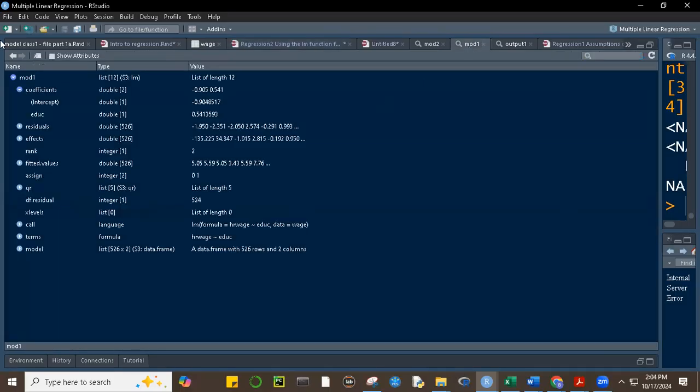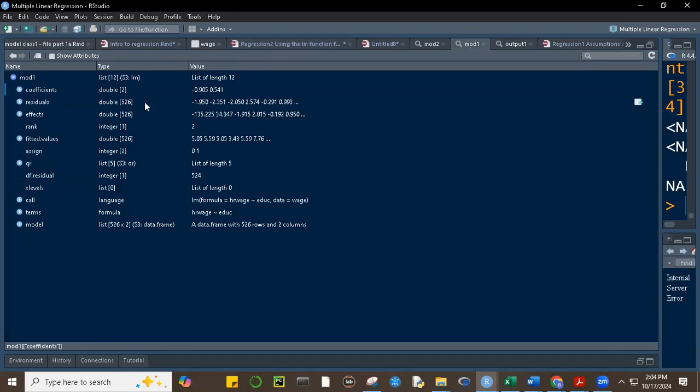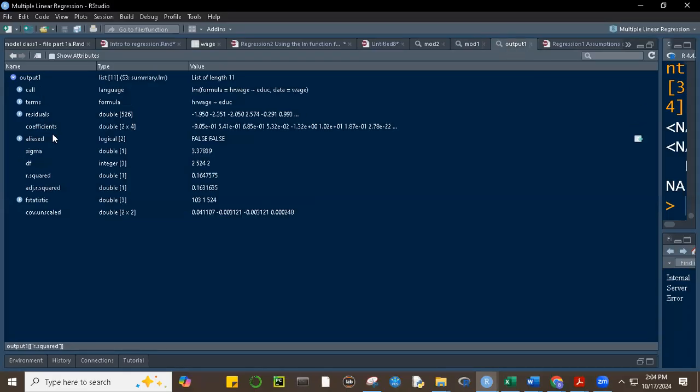Because if you take a look at model 1, the coefficients have only 2 elements there. This one, the intercept and the slope. So we can't get the standard error here from model 1. However, I said that if we represent the summary of model 1 with an object with a name, output 1, we have it here, class. And you can see here, it's a vector there.